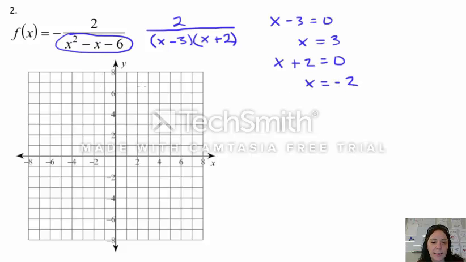So I'm going to sketch my vertical asymptotes at x equals 3. You can draw straighter lines than I'm doing here on my tablet. And my second vertical asymptote will be over here at x equals -2.